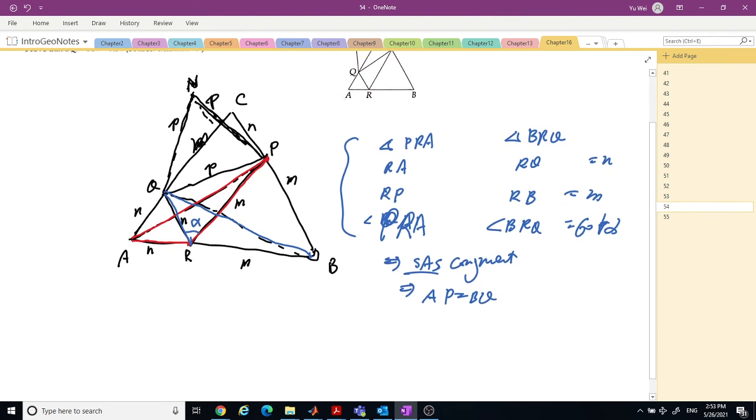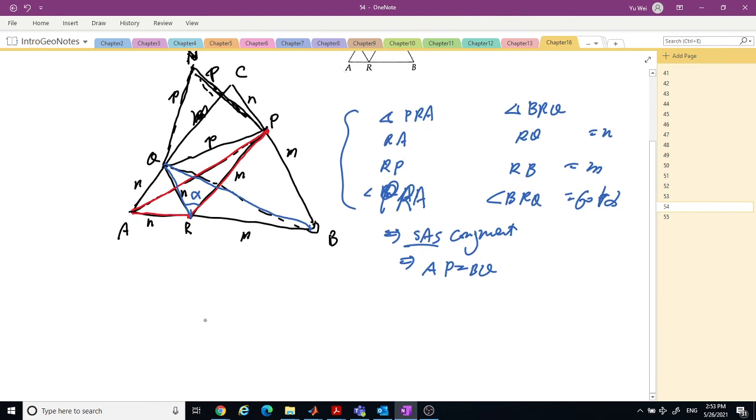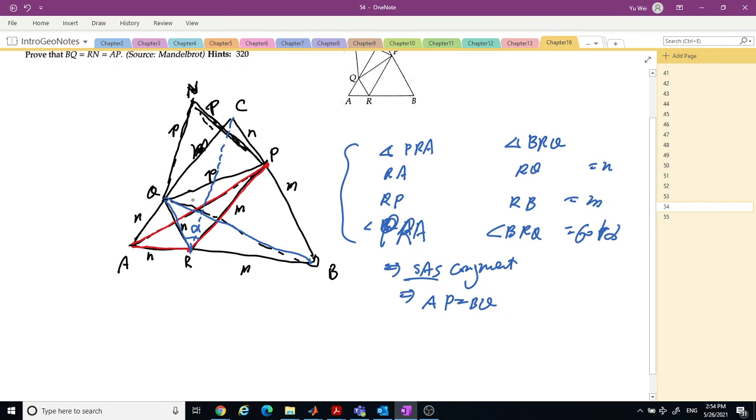Similarly, you can choose another one. Let's see CR and BQ.